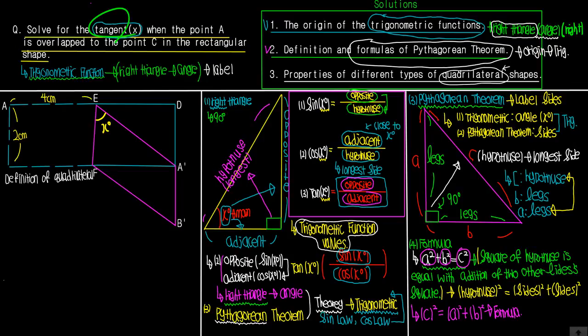What is the definition of our quadrilateral? Well, it is obviously going to be a shape. But what shape is it? Not 4 shapes. It is going to be a shape with 4 sides and 4 angles.